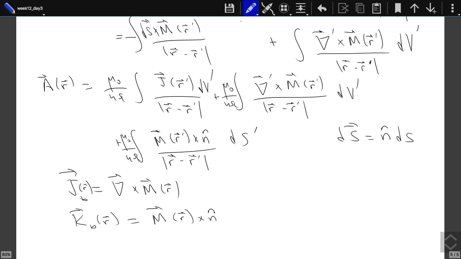Well, this is in a sense similar to that, but in this case the current density is given by the curl of the magnetization, and the surface density is given by the component not perpendicular to the surface, but the parallel component of the magnetization. The normal component of magnetization doesn't contribute to this product. It's only the horizontal component of magnetization that contributes to our surface current.